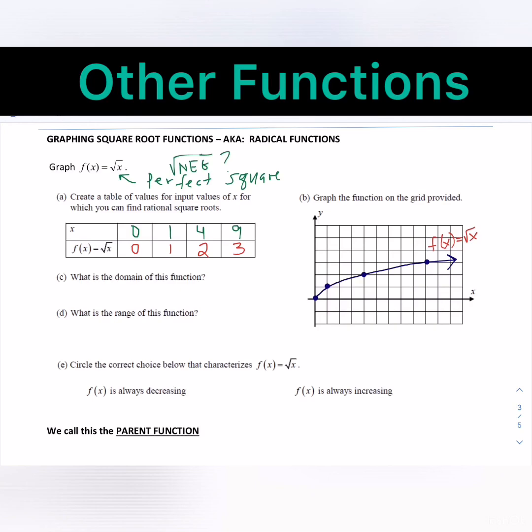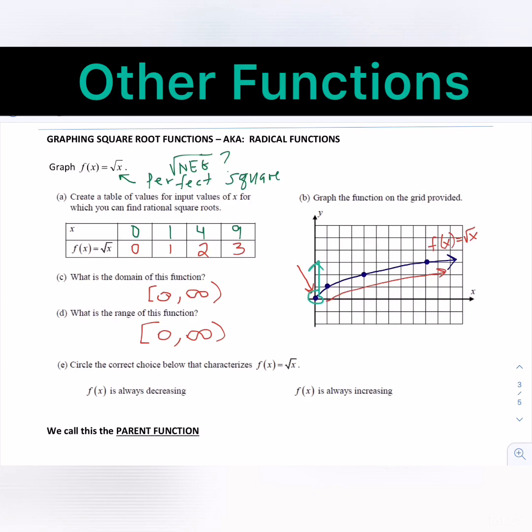So the domain is all the numbers greater than 0. So x has to be greater than or equal to 0, so we will say from 0 to infinity. Notice that this function is forever increasing. It's forever going up.